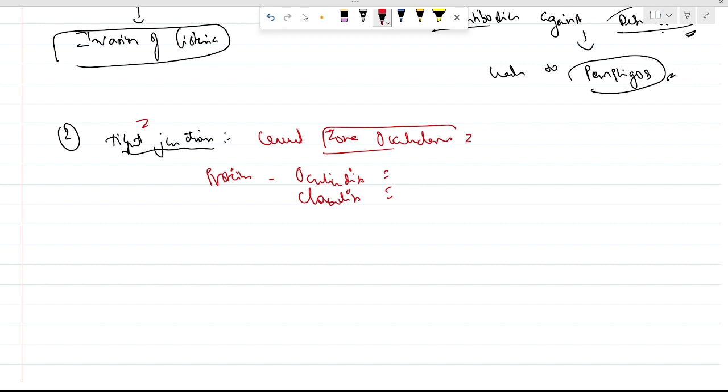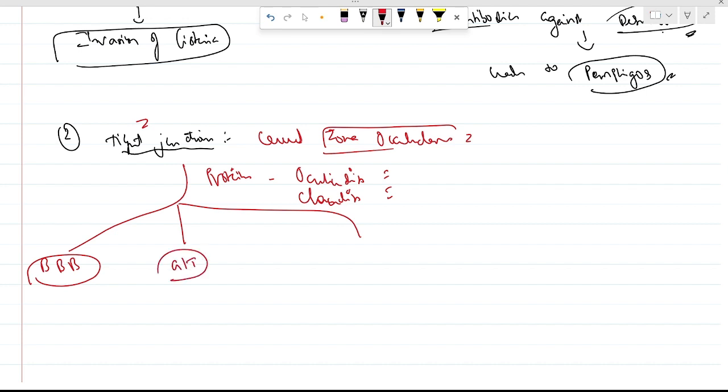These tight junctions are present in 3 important areas. First is the blood-brain barrier in the brain. Second is the gastrointestinal tract, the GIT. Third is the kidneys.